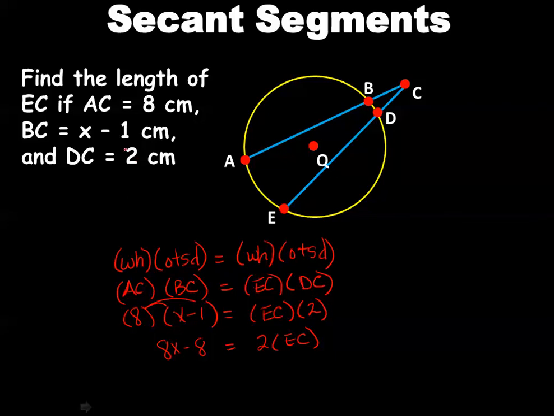They left out something that says find the length of EC. Either I left something out or they left something out, because I know that EC, this right here, is supposed to be 3x.